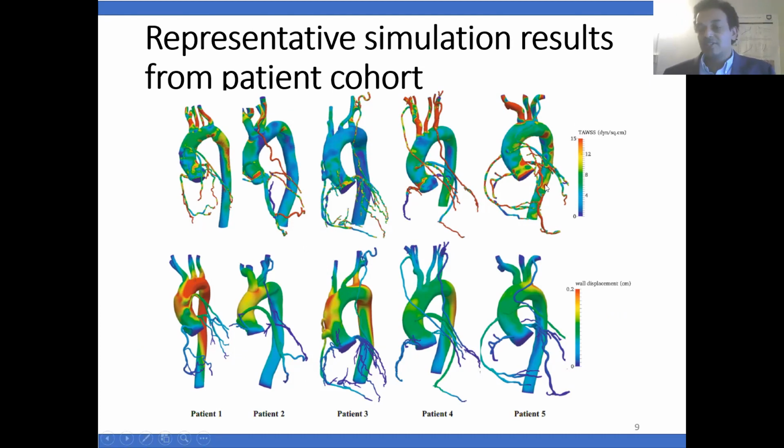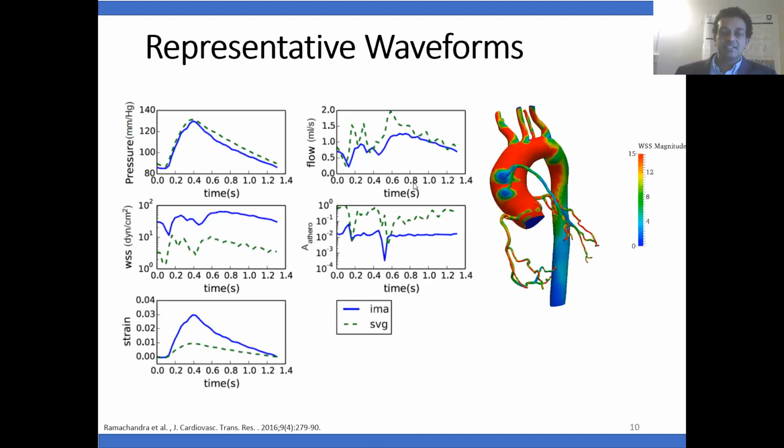Okay, so of course, in addition to these, we can also compute a lot of other mechanical stimuli of interest, including oscillatory shear index, pressures, stresses, etc. Okay, so this is, again, a representative waveform.